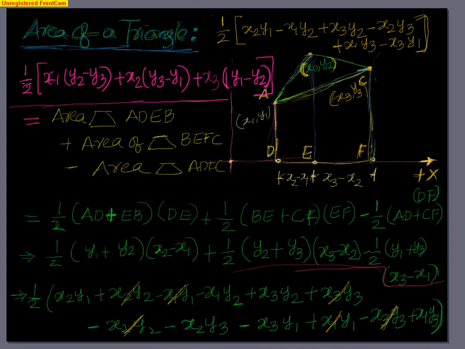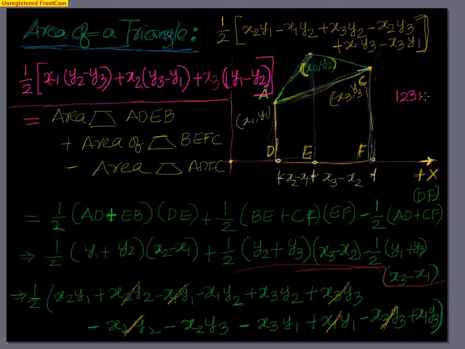The formula is very simple. First one will be x, then you will multiply with the subtraction of y's. It's continuous, right? And you follow a particular pattern. See here, 1 2 3, 2 3 1 and 3 1 2.